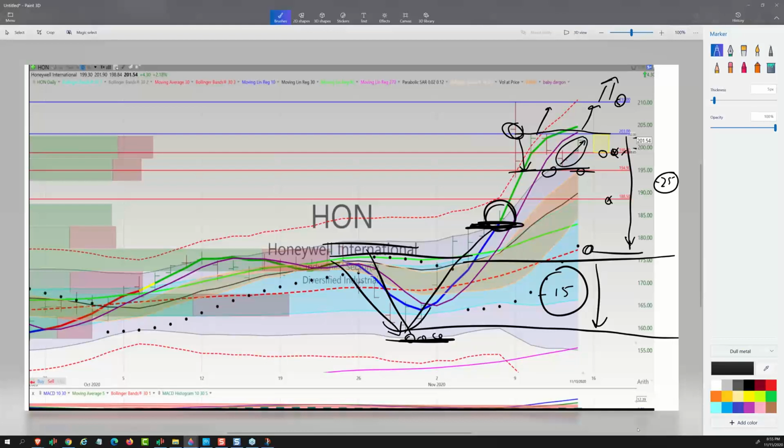And thus the breakout was key. This one, though, has the range expansion. So if you were going to be committed to Honeywell as a short, first realize that Honeywell has been better than the Qs and better than XLK. So you're shorting the strongest stock in the strongest sector, or one of the strongest stocks.